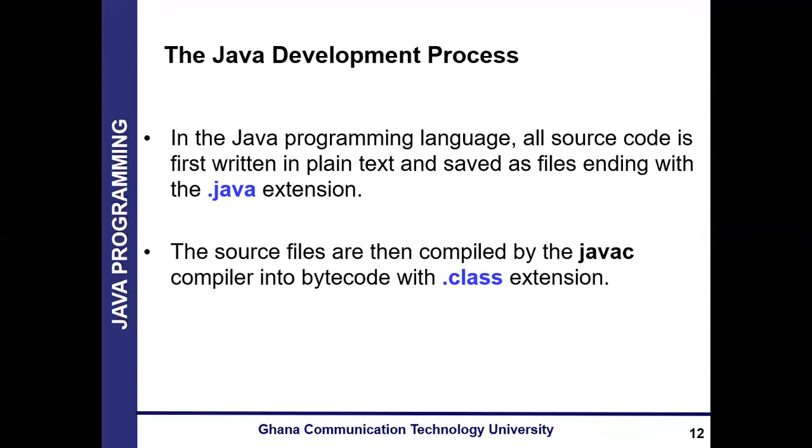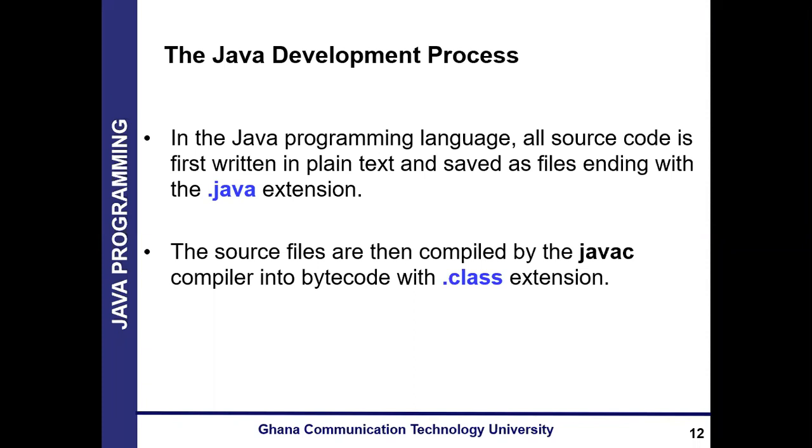Anytime you see a file name ending in .java, it means that is a Java file. That is just plain English, and the computer cannot interpret that. So you need something else that will convert what you have typed into what we call byte code. So we have the source code and then the byte code.